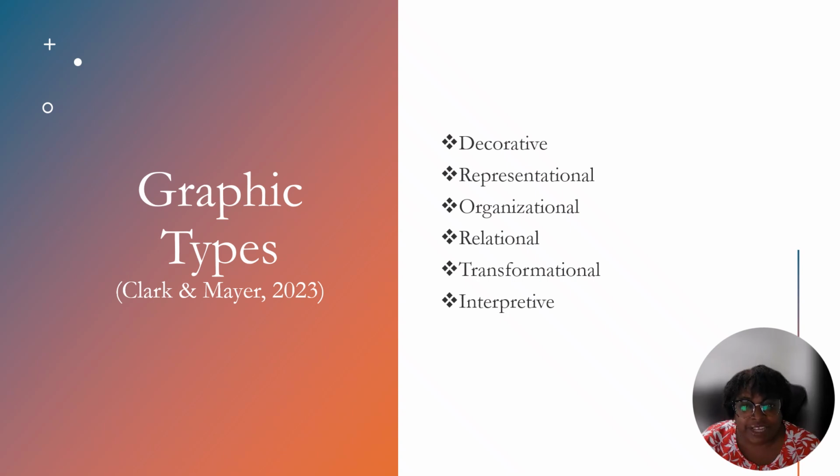And transformational graphics illustrate changes in time or space, such as a time-lapse animation or a video demonstrating a specific process. And interpretive graphics make items or processes not visibly seen visible, such as a molecular structure or body functions.